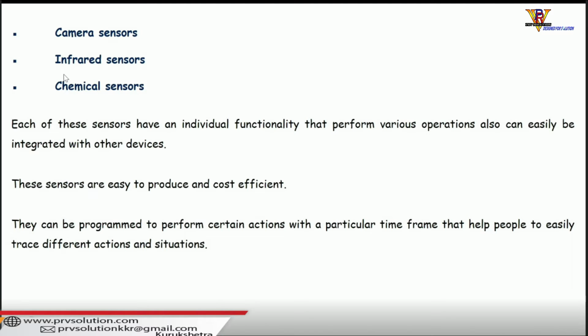These sensors are easy to produce and cost efficient. They can be programmed to perform certain actions within a particular time frame that help people to easily trace different actions and situations. So with the help of these sensors, we can perform complex tasks that human beings face in daily life. So in robotics, these sensors are definitely helpful.